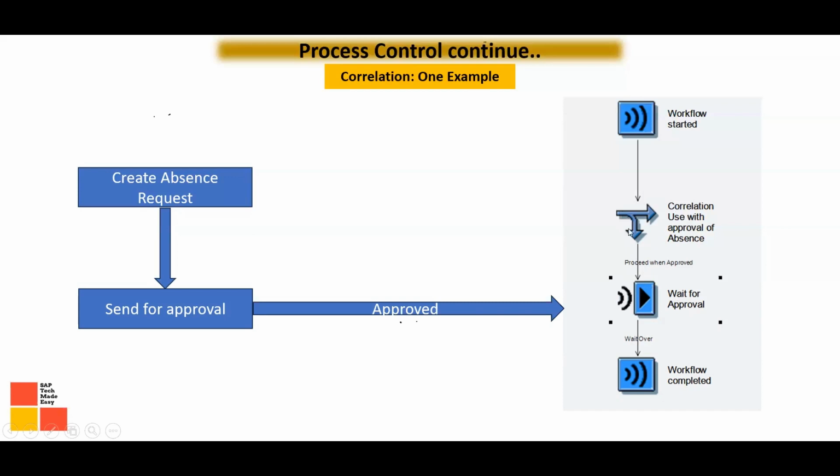So with the help of this step, both steps together are waiting for an approval request. Once it receives the approval request from outside, then this workflow will be completed.